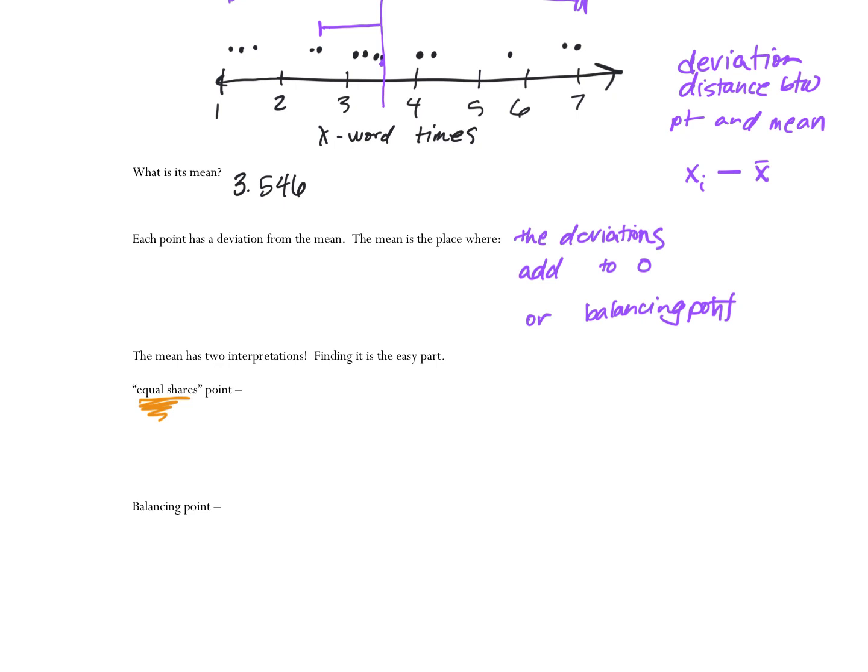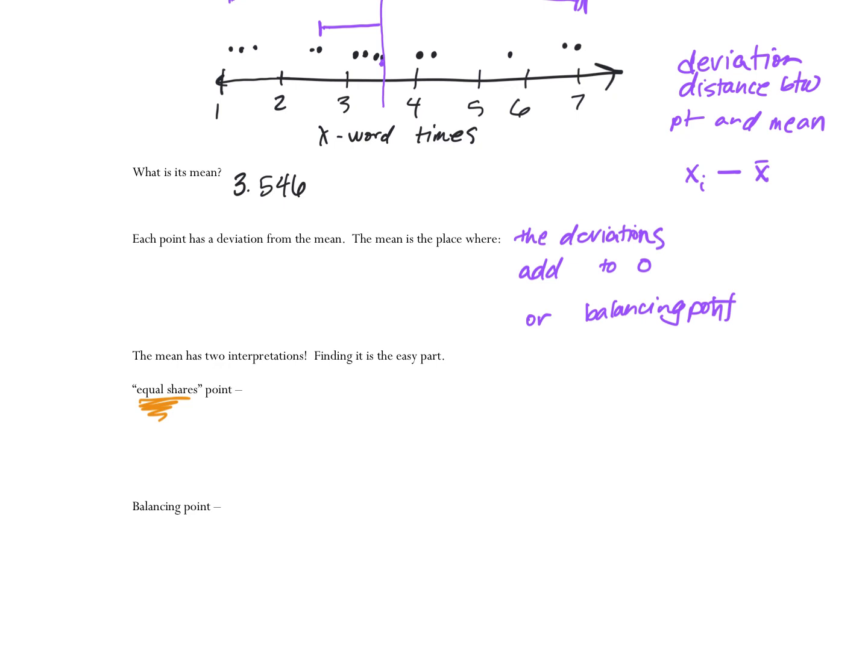I would basically give you each the same amount of pens or pencils. So if each of you had the same amount of pens and pencils, that's what the mean is. Is everybody with me? You see that visual? Does that kind of help? So now start thinking about this equal share point.